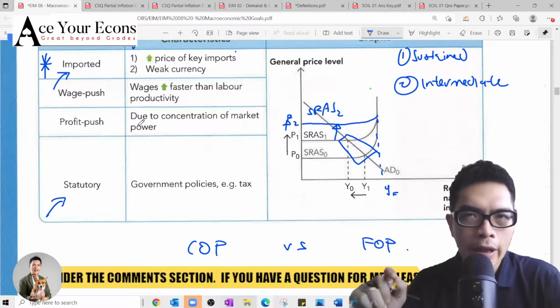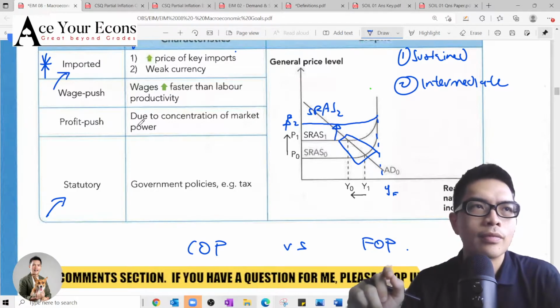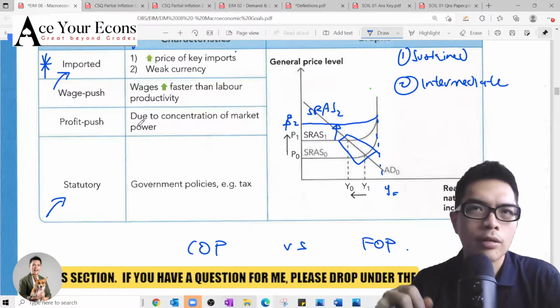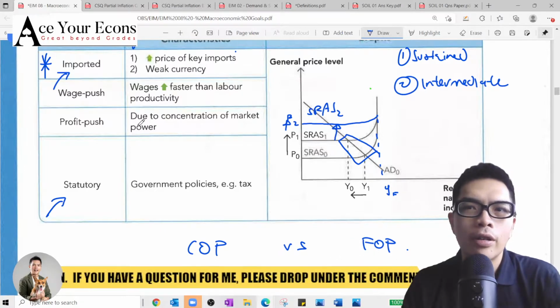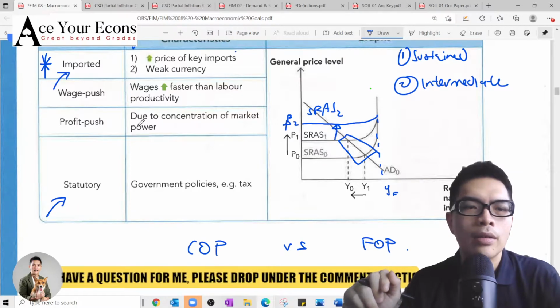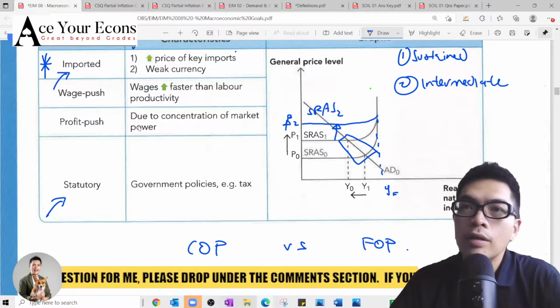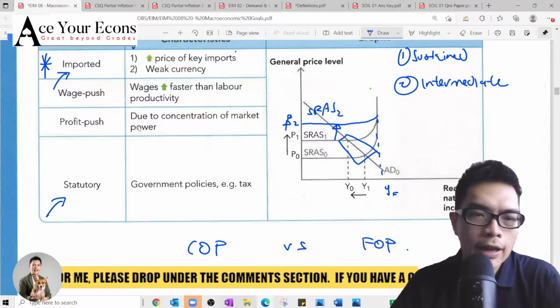So, if you read the headlines of the newspaper, what was mentioned by Minister Wong? It used to be Minister Heng, then he changed to Minister Wong as the finance minister. Come on, this is current affairs. What is in the headline of the newspaper? Okay, what we call GST hikes, right?